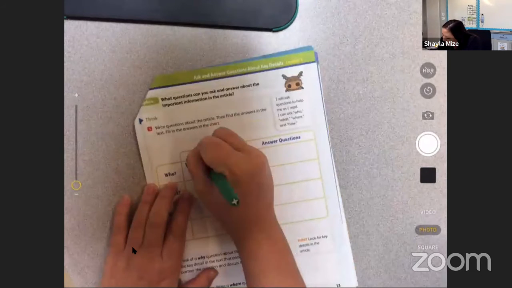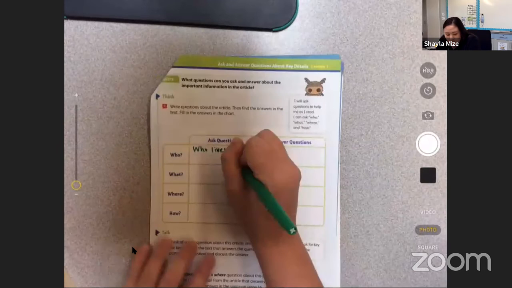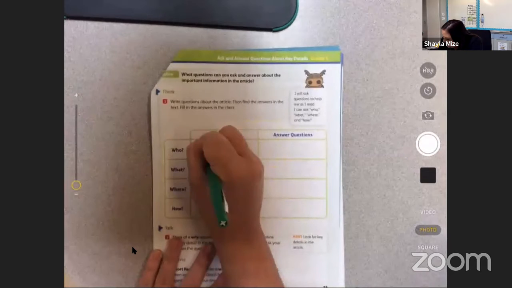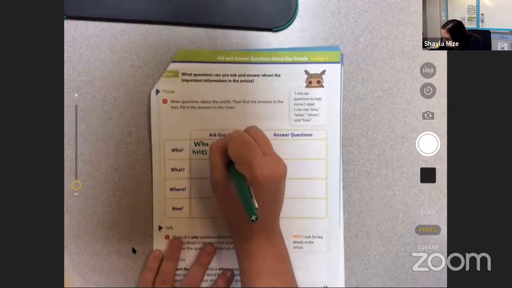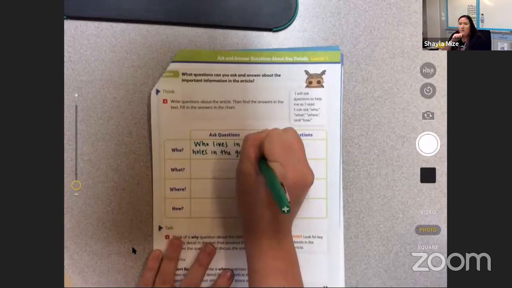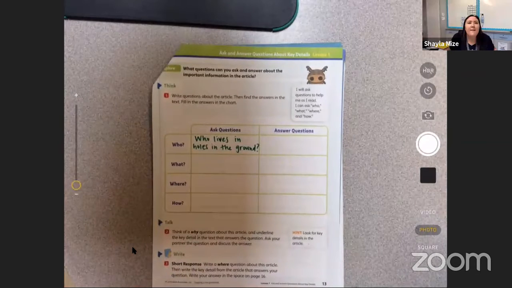lives, and now you are writing, lives in holes in the ground. Who lives in holes in the ground? Type in the chat, who lives in the holes?